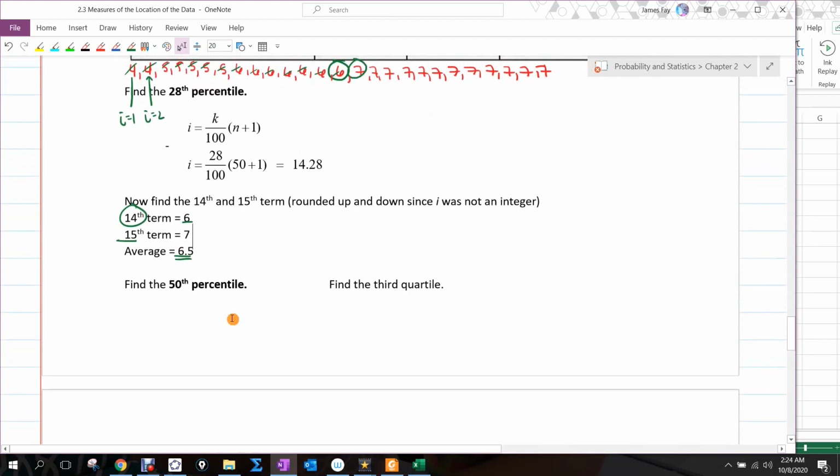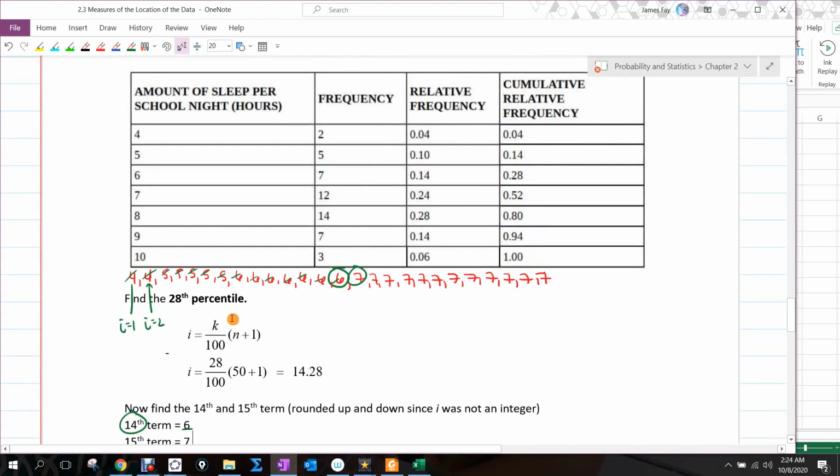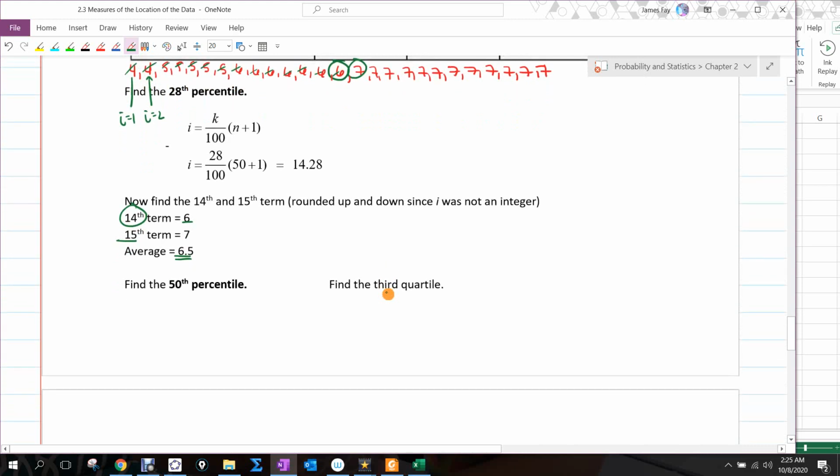It says find the 50th percentile. Think about the 50th percentile. We have 50 numbers, so it should be the average of the middle two numbers in that list.